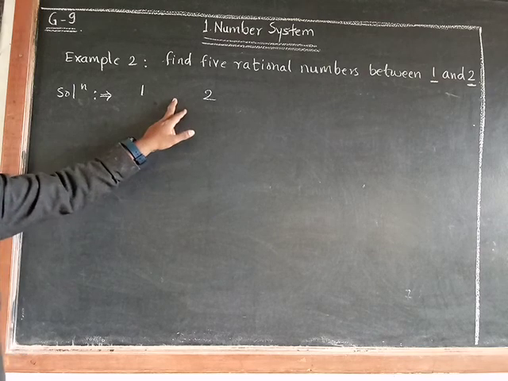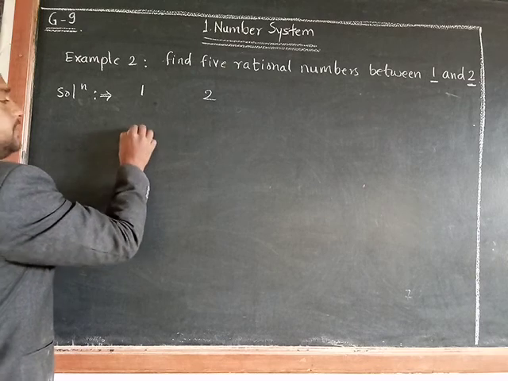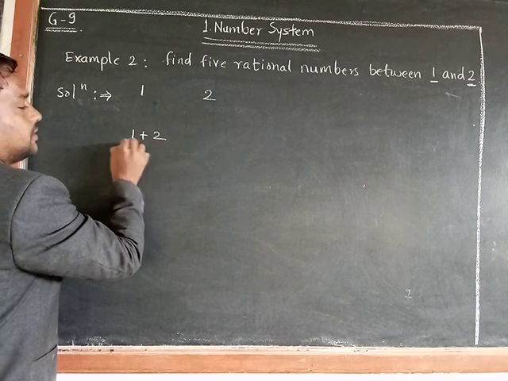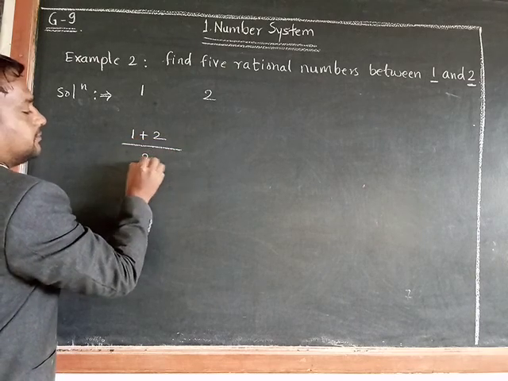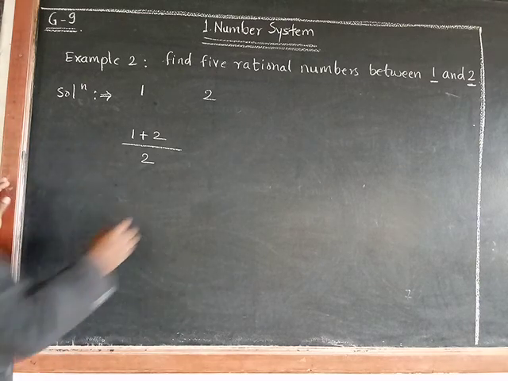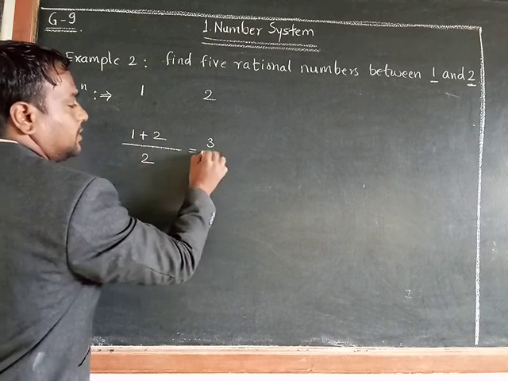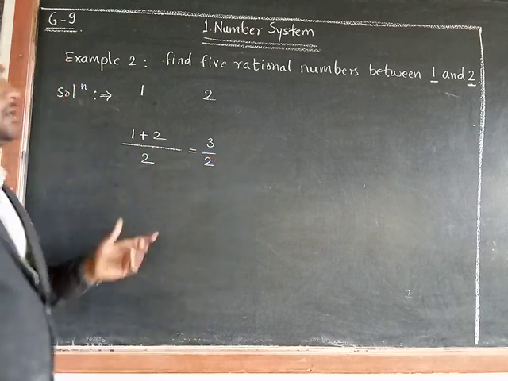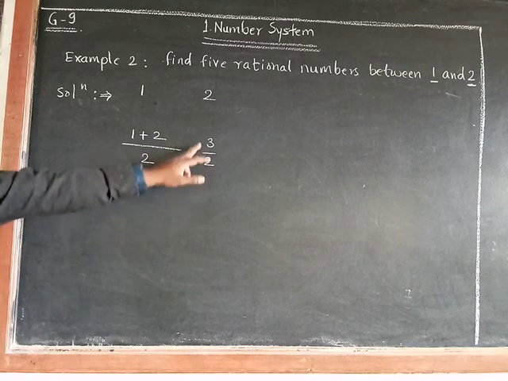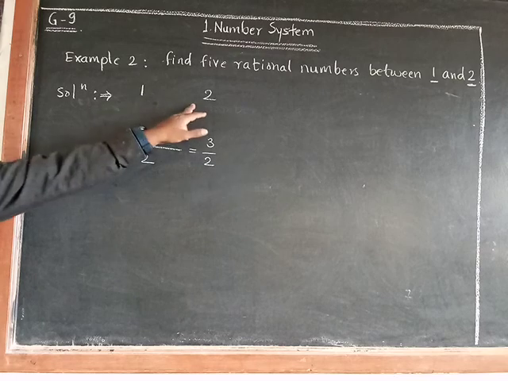So first, let's add 1 plus 2 and divide it by 2. If you do that, we get one number, that is 3 upon 2, which is a number between 1 and 2.